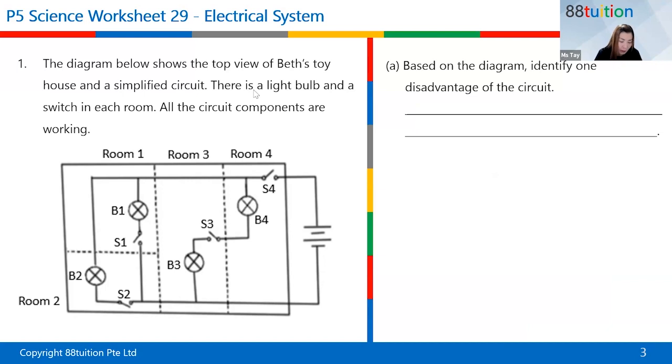The diagram shows the arrangement of the switches as well as the bulbs in Beth's toy house. She has a toy house with 4 rooms, right? If you cannot see clearly, let me highlight it. So I will highlight the circuit. Okay, so this is the circuit.